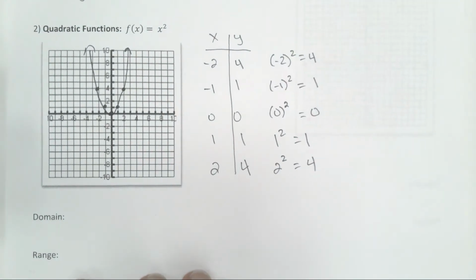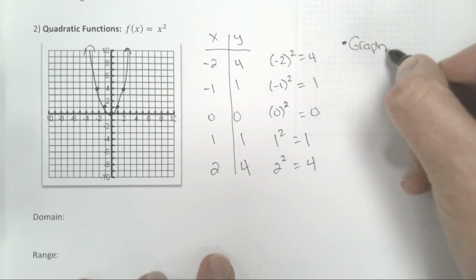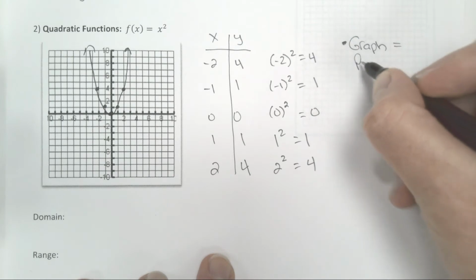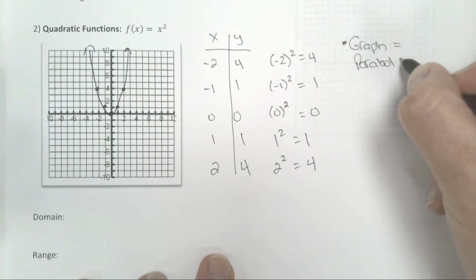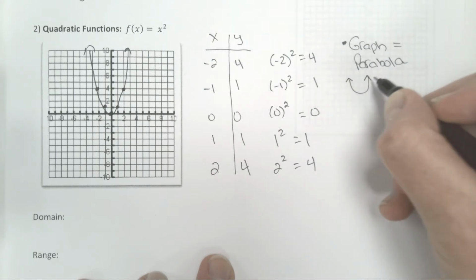And that is the parent quadratic. This graph has a name. This graph is called a parabola. It is always U-shaped.